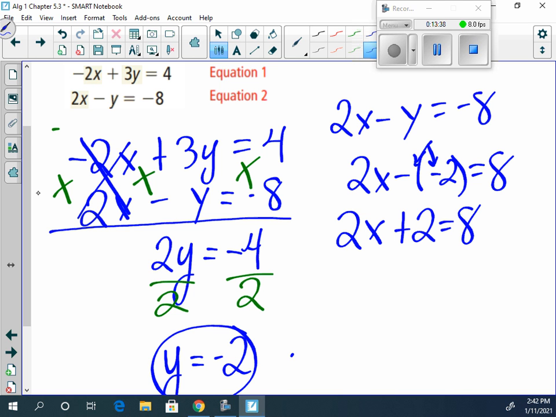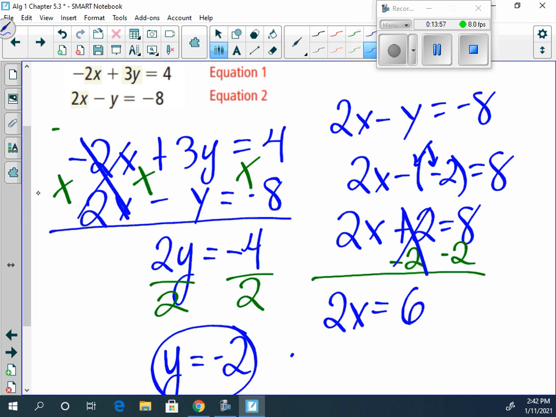Now again, we need to get x by itself. So the first thing we need to do in getting x by itself is to what? We need to subtract 2 from both sides, because 2 minus 2 is 0, leaving us with 2x on the left-hand side. 8 minus 2 is 6.